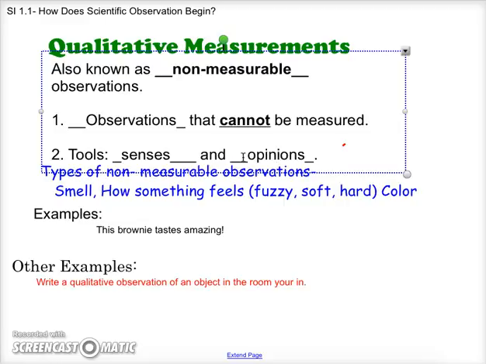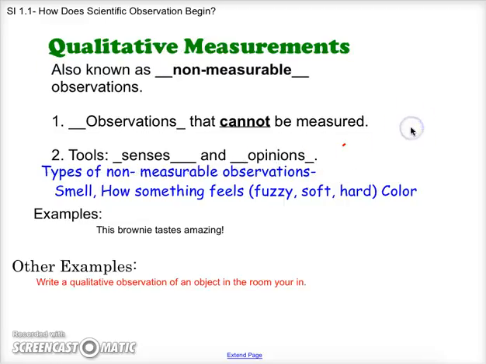So the tools for quantitative are things like rulers and thermometers. The tools for qualitative are our senses and opinions. So things like the way something smells or how it feels or the color. So an example would be, this brownie tastes amazing. That might be my opinion and not yours, so that's why this is a qualitative measurement.